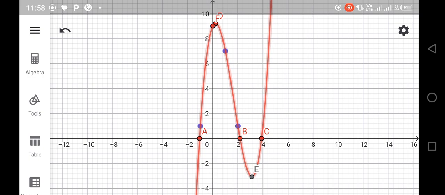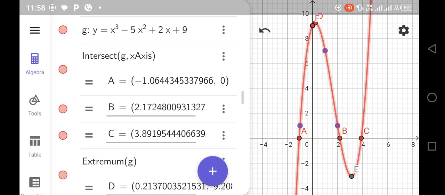The question can also continue and say, using the graph, estimate the root of the equation y is equals to x cubic minus 5x squared plus 2x plus 9.